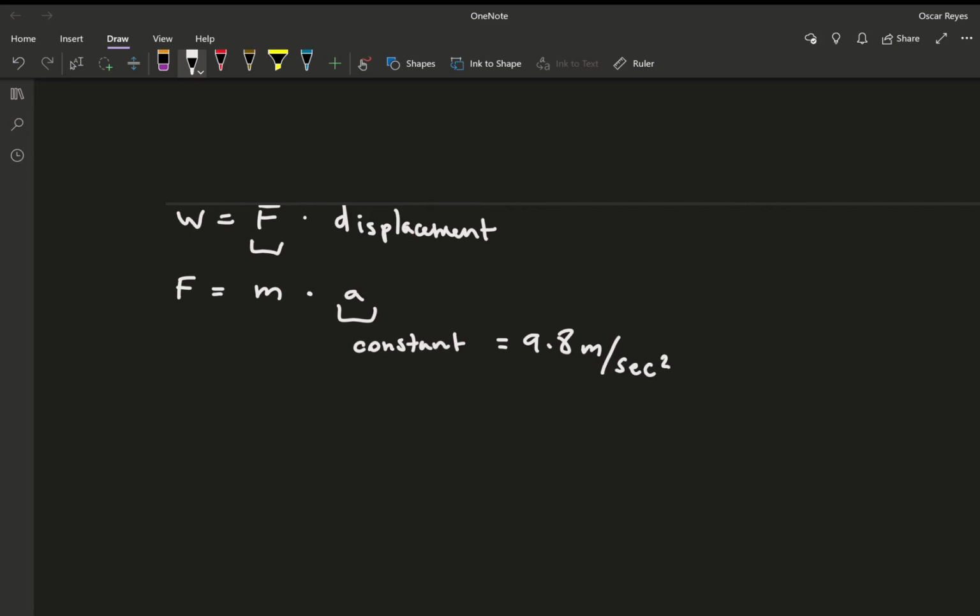Another one that I would suggest you memorize is DMV, or density equals mass over volume.